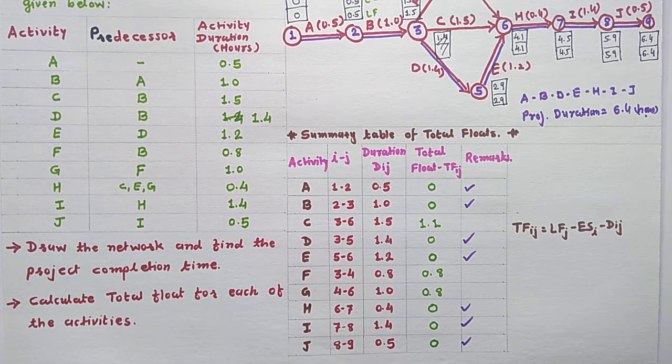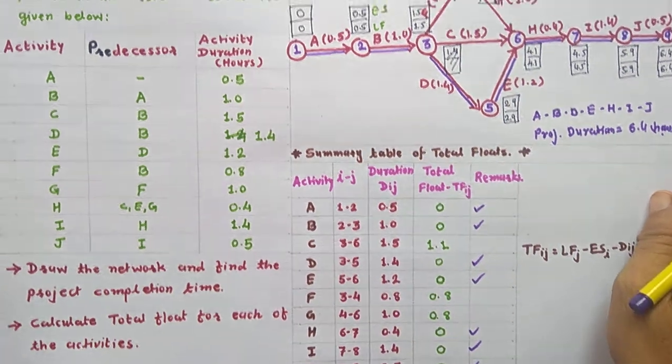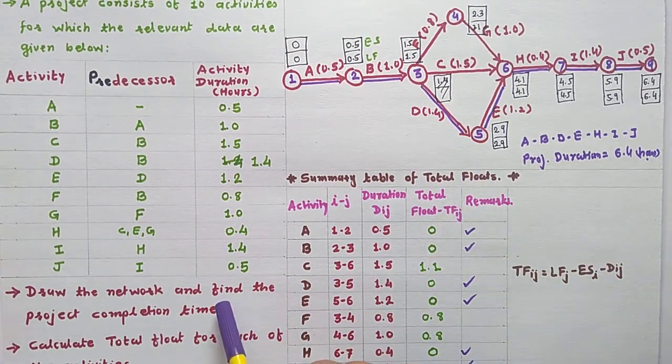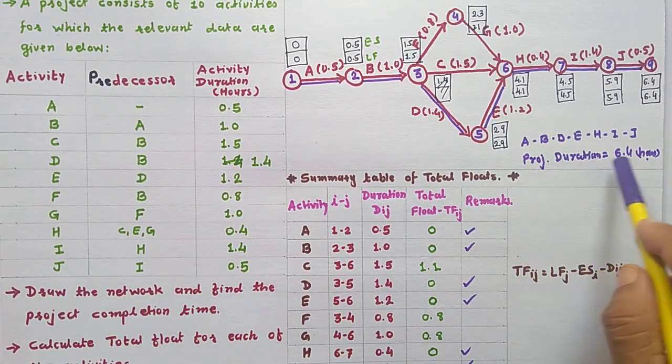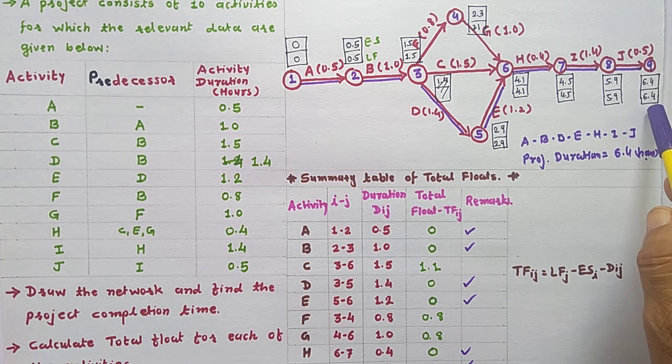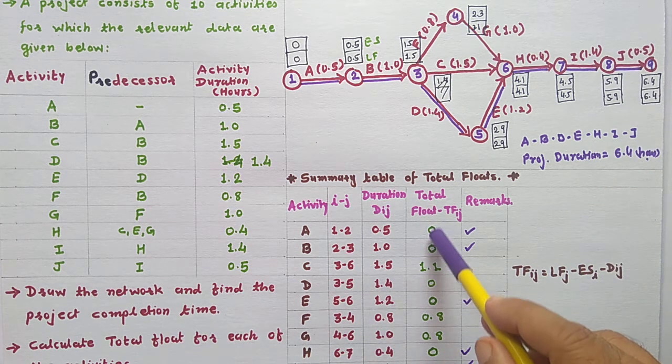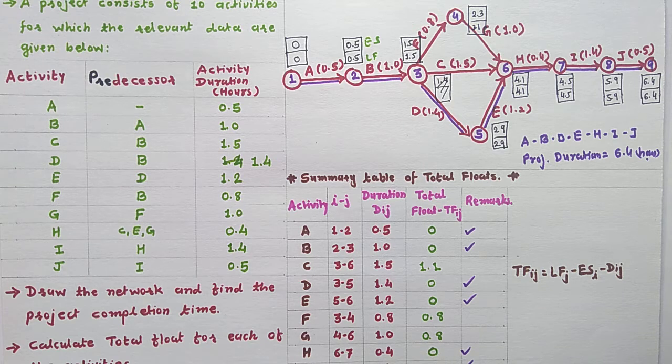As mentioned in our example, we have drawn the network diagram. This is our network diagram. Then we also found the project completion time, which is 6.4 hours. Then we calculated the total float.